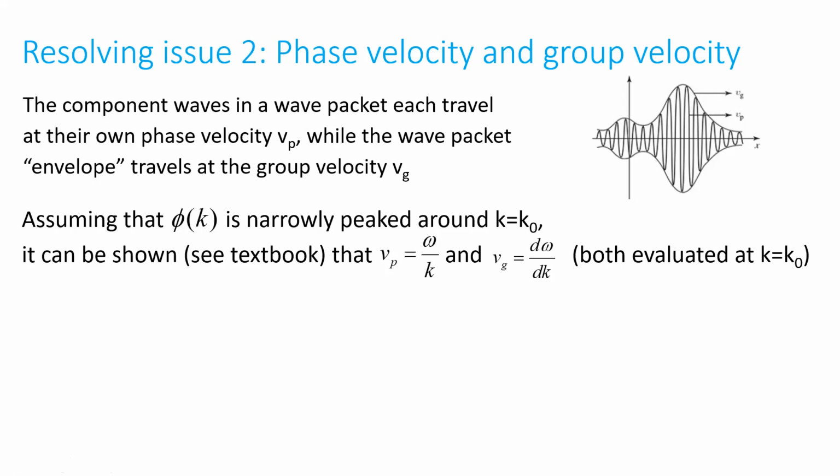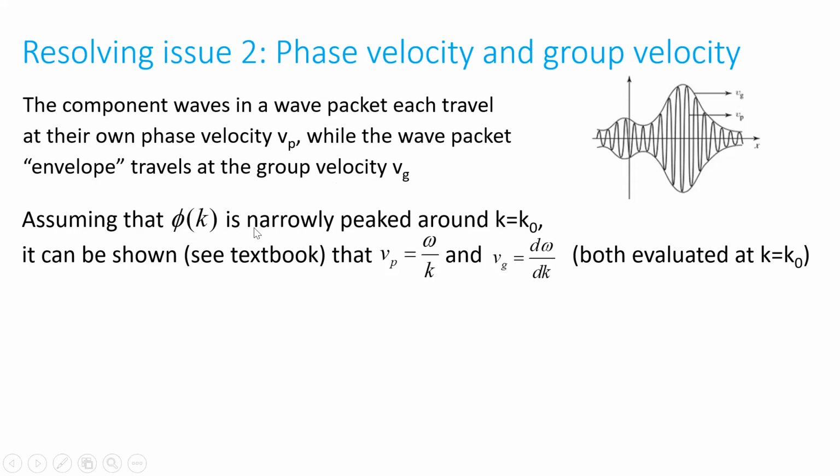So we have a well-defined wave packet for at least some time, and we can measure its group velocity meaningfully, the envelope velocity. If phi of k is not that narrowly peaked, if it's very spread, there's going to be so many different velocities that it'll just spread very quickly, and we can't define the group velocity very well.